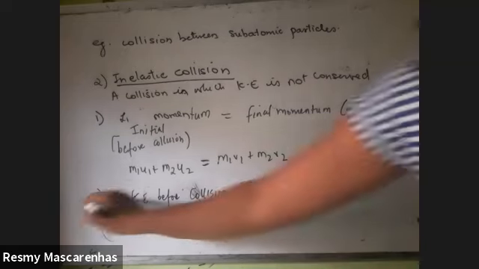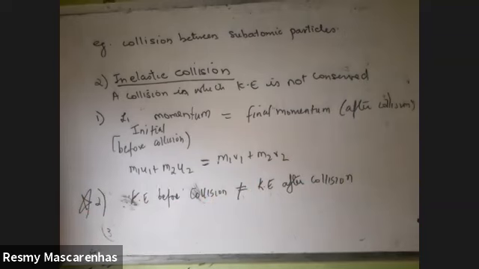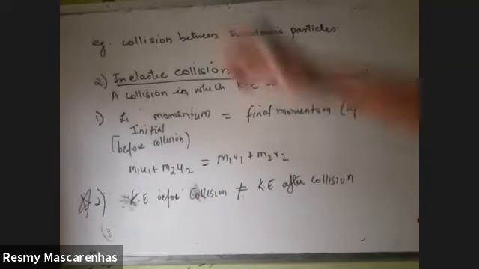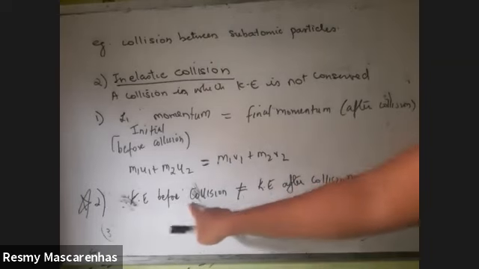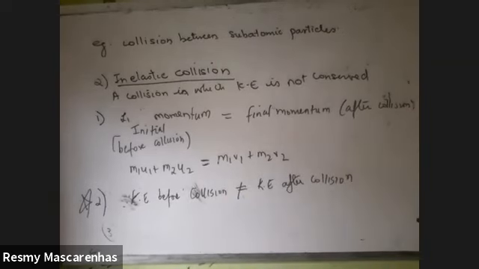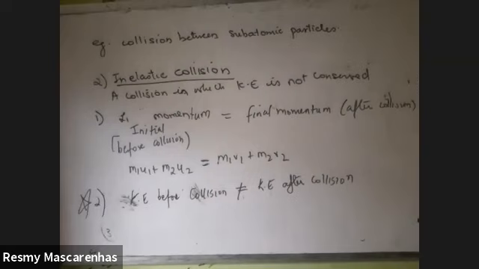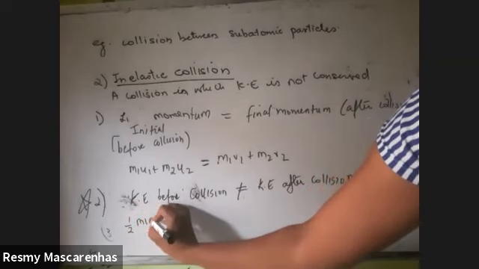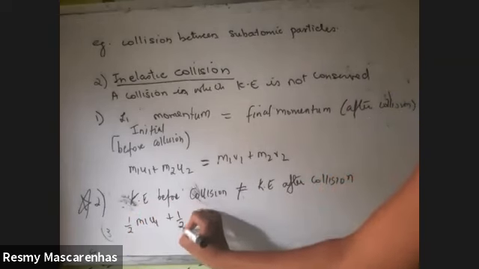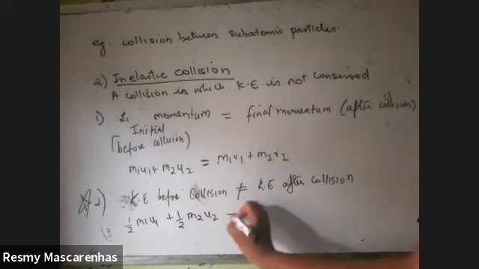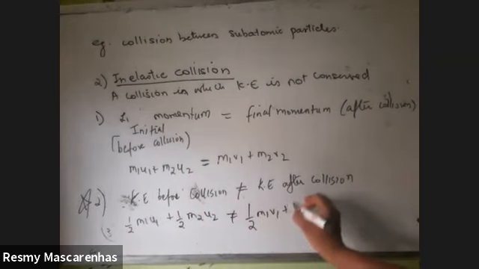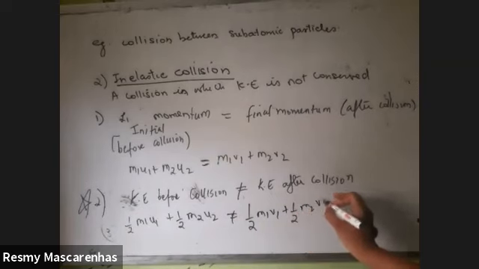This is the important point. Put a star. This is what makes it different from elastic. So you can write half m1 u1 squared plus half m2 u2 squared is not equal to half m1 v1 squared plus half m2 v2 squared.